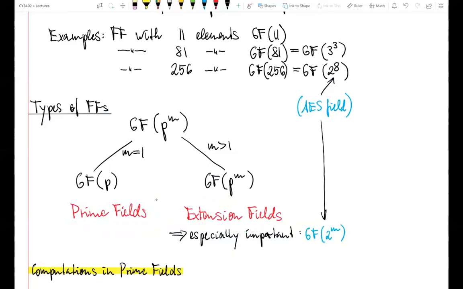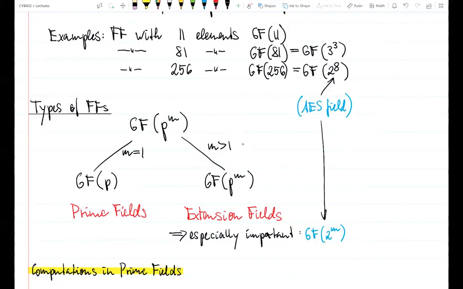For a choice of m being 1, we get prime fields. Prime fields are basically subfields of extension fields. And for extension fields, m can be anything bigger than 1.